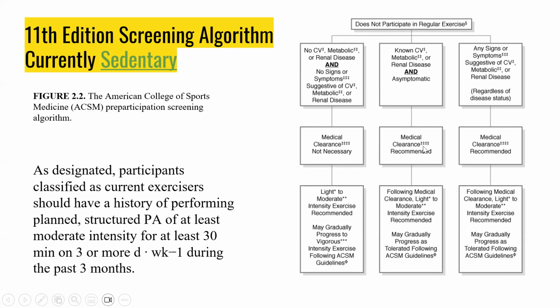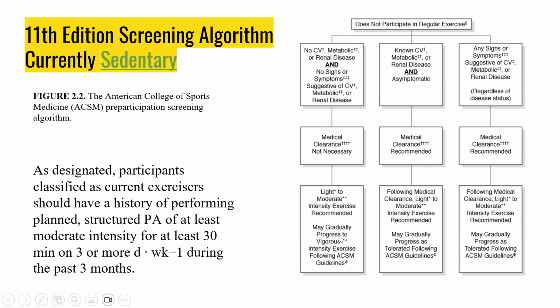So, for example, if your client does not participate in regular exercise, and from your pre-activity screening process, filling out the forms, you know that they do not have any cardiovascular, metabolic, or renal disease, and they do not have any signs and symptoms suggestive of cardiovascular, metabolic, or renal disease, then medical clearance is not necessary.